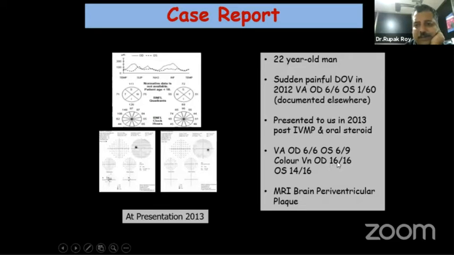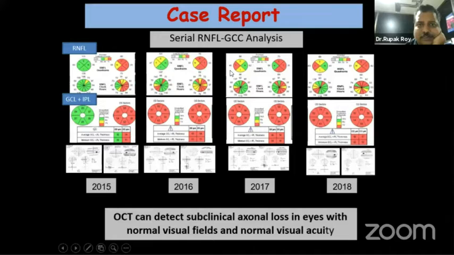Color vision was 16/16 in the right eye, and the left eye was diminished at 14/16. MRI shows periventricular lesions in the brain. If you see the serial RNFL and GCC analysis, OCT can detect subclinical axonal loss in eyes with normal visual fields and normal visual acuity, as seen in the progression of these charts.